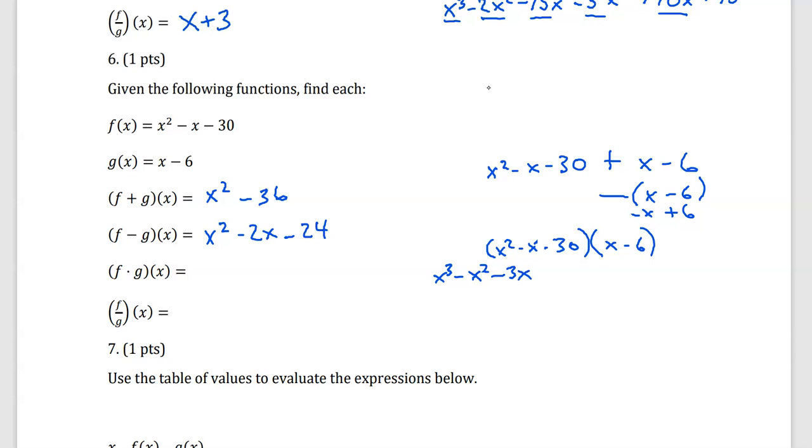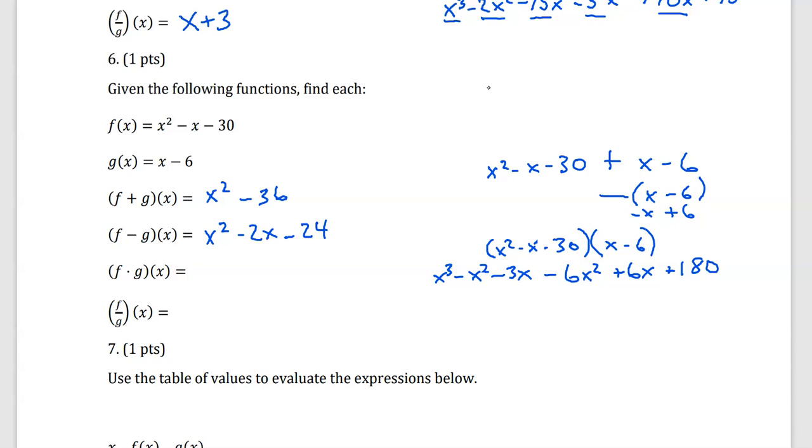Minus 6 times everything: minus 6x squared, minus times a negative 1 becomes a plus 6x, minus 6 times a negative 30 becomes a plus 180.